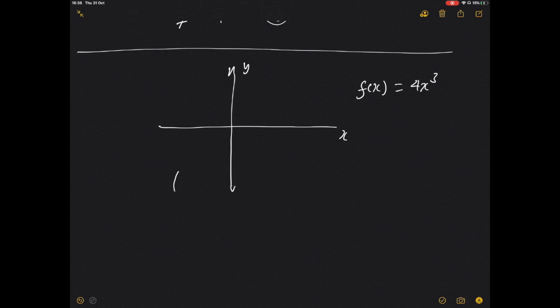We know it looks a little bit like this, where it crosses through 0 and it has a line of symmetry. If we were to integrate between minus 2 and 2, because of the symmetry, we'd actually get 0.